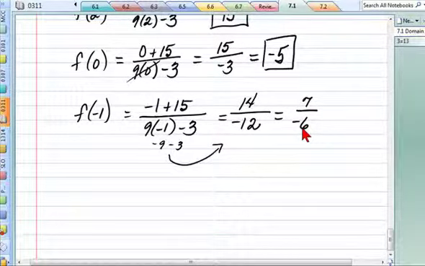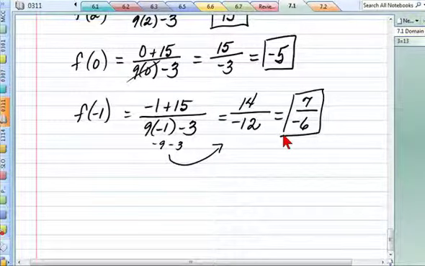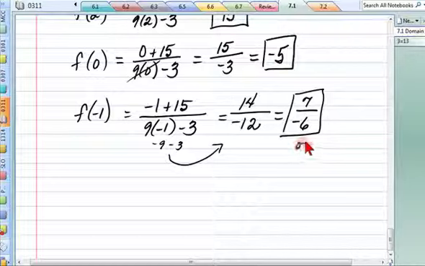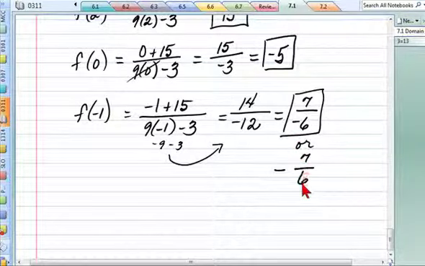Now, question. That's certainly an okay answer. What's a different way it could be written? Not as a mixed number. Don't give me that. Just deal with signs. Yes. The negative sign could be out in front, or it could be negative 7 over 6. I changed 2 signs. I changed the negative of the denominator and I changed the sign out in front. There's one more.